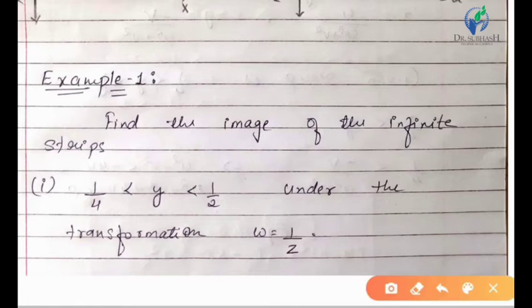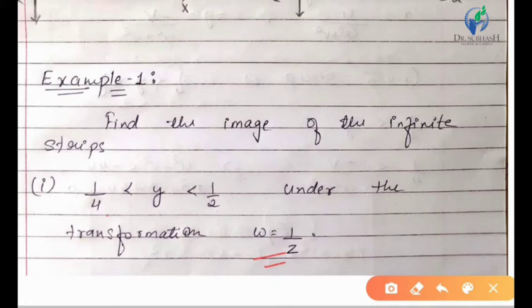See, we will see one example. The question is, find the image of the infinite strip 1/4 less than y less than 1/2 under the transformation w equal to 1/z.